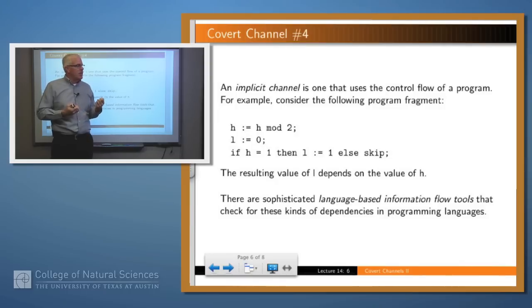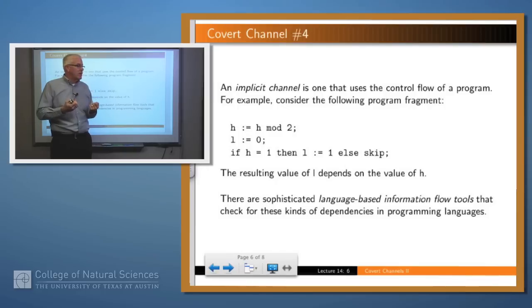What happens is, depending upon whether H has a value which is even or odd, the value of L is set, according to the program logic, to be either 0 or 1. And so what's happened is the value of L has been influenced by the value of H.